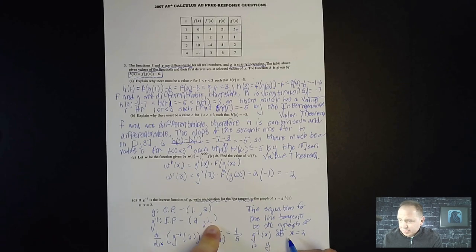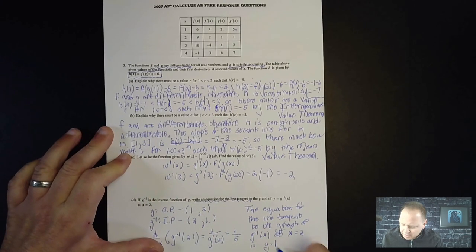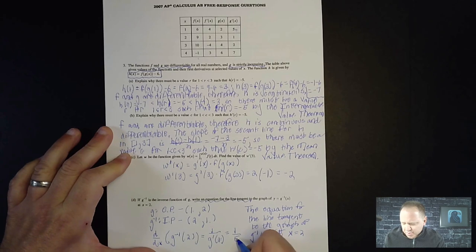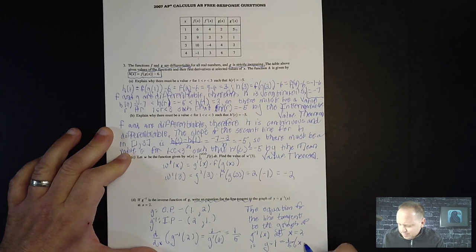Remember, we're using the inverse point, so that'd be y minus 1 equals the slope at 2 for the inverse, which is 1/5, all times parenthesis x minus 2, the x value of the inverse point.